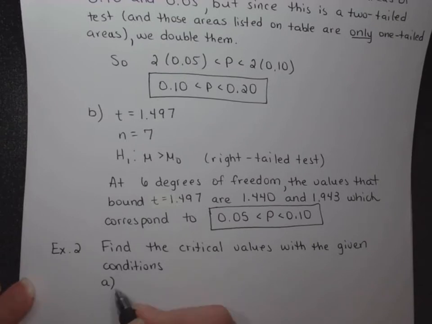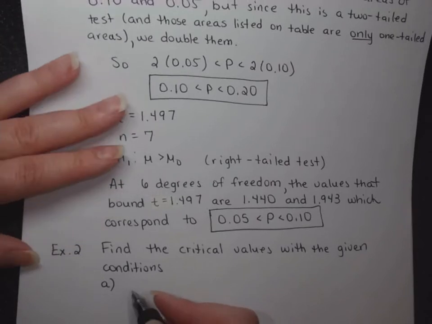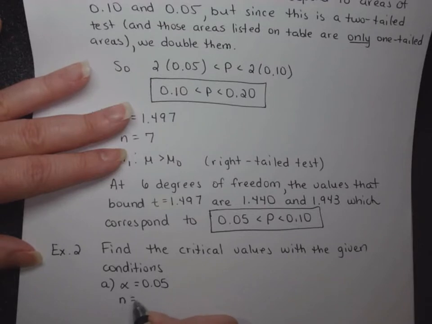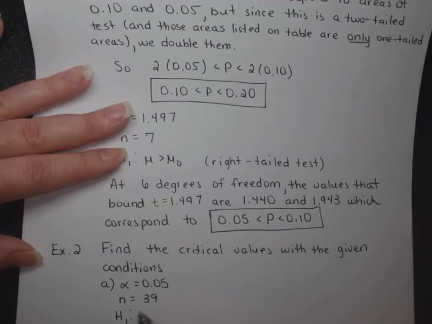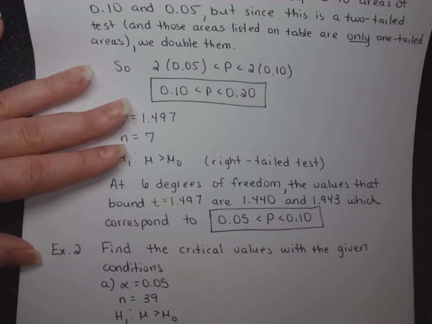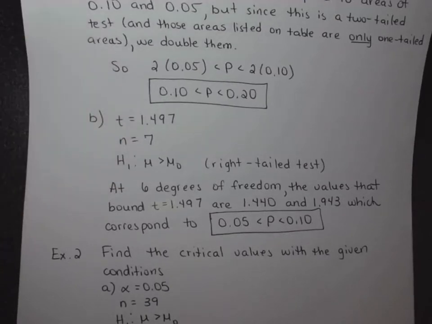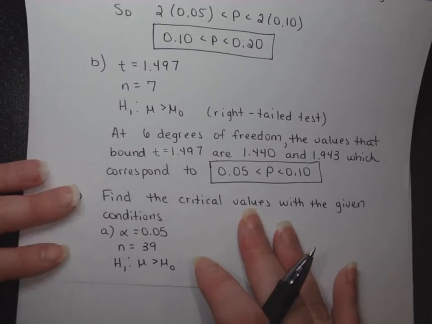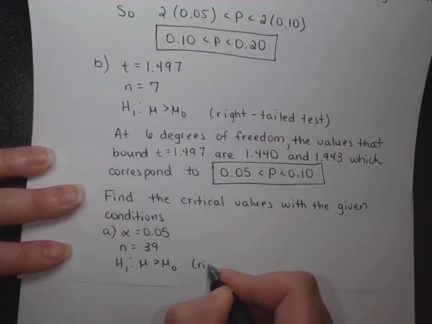For the first one, I want you to look at a 0.05 significance level, N is 39, and we're going to say that mu is greater than what we thought. Okay, so this is a right-tailed test.